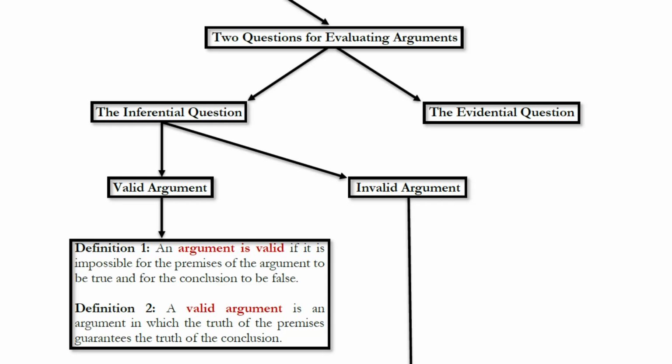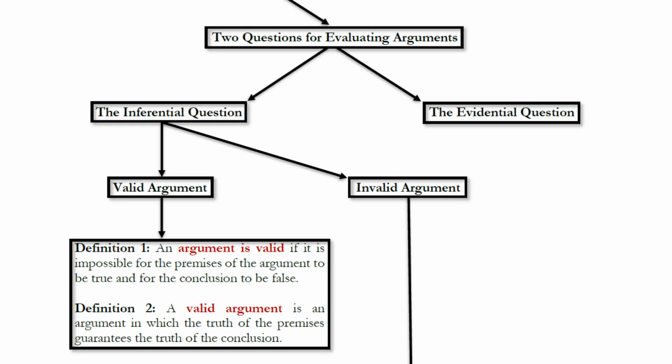Definition 1. An argument is valid if it is impossible for the premises of the argument to be true and for the conclusion to be false. A valid argument is one in which if we assume that the premises are true, it would not be possible for the conclusion to be false. And importantly, if an argument is valid, then we know it makes a good inference from the premises to the conclusion.